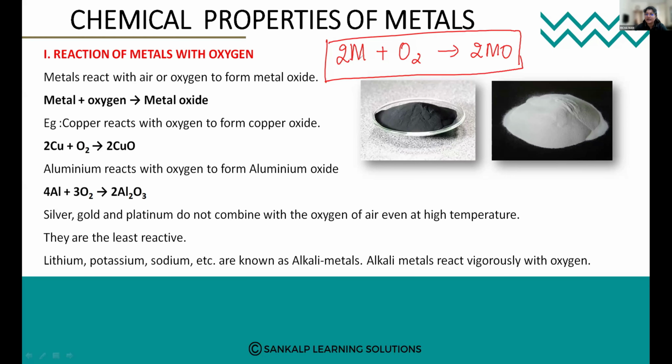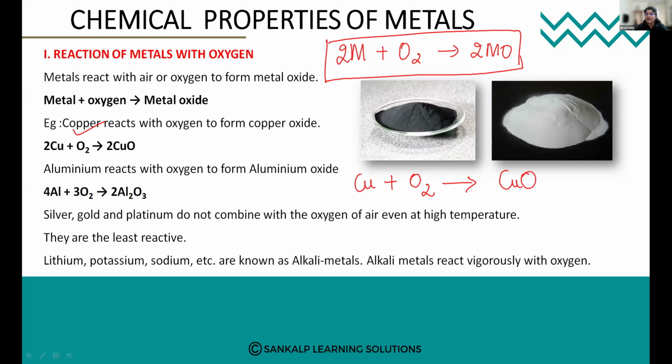By using this reaction, we can use different metals. First, let us take copper. Copper reacts with the oxygen present in the air. It is going to form copper oxide.